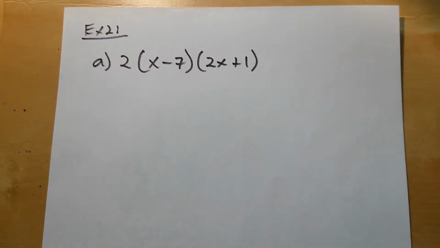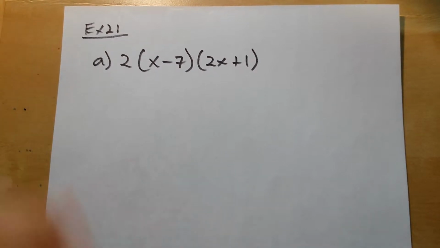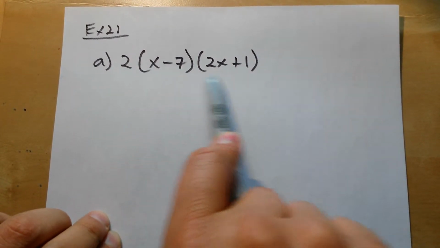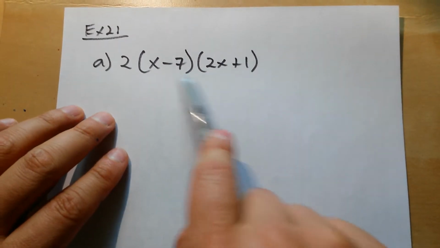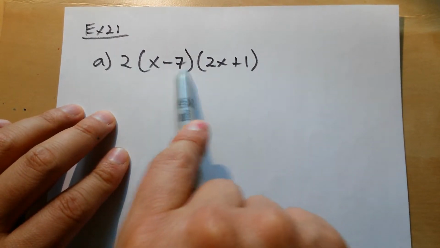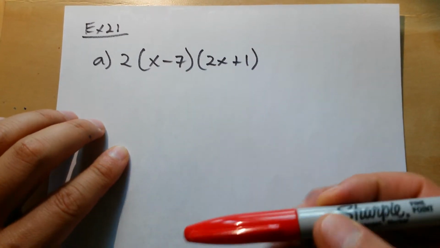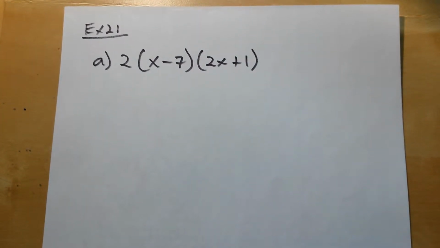You can expand this by multiplying the binomials first and then bringing in the 2 into that product, or you can bring in the 2 first and then multiply the 2 binomials that are left after that. So let's look at the first method, and then I can show you some common mistakes that happen.